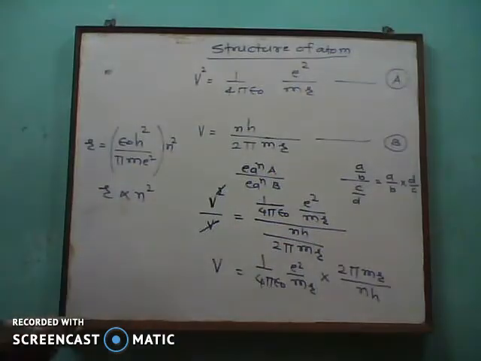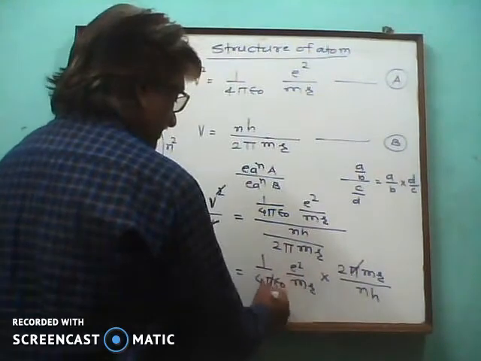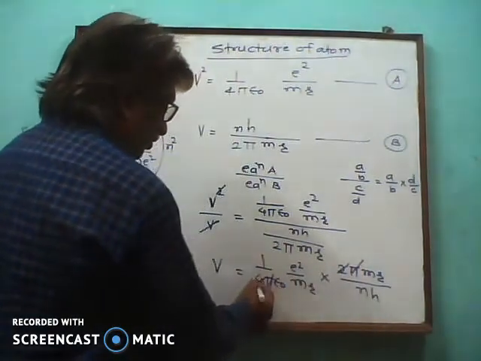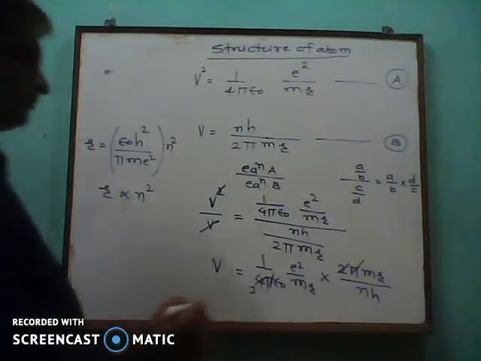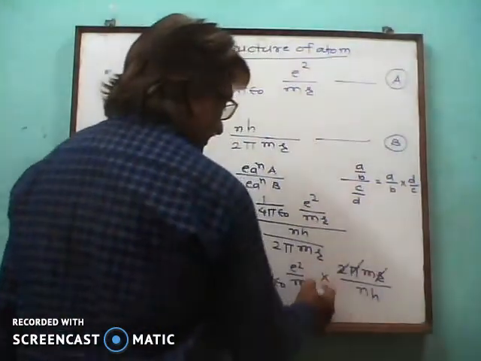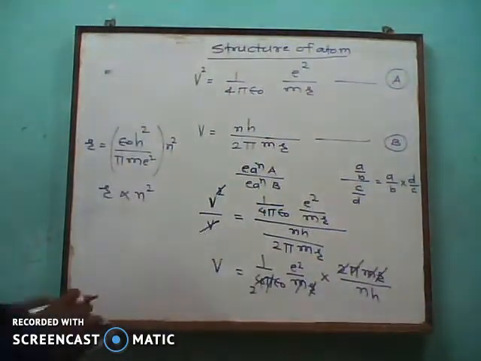Which terms can be cancelled? Pi gets cancelled, 2 gets cancelled, r gets cancelled, m gets cancelled. Which terms remain?